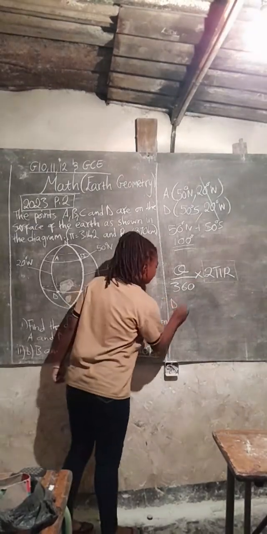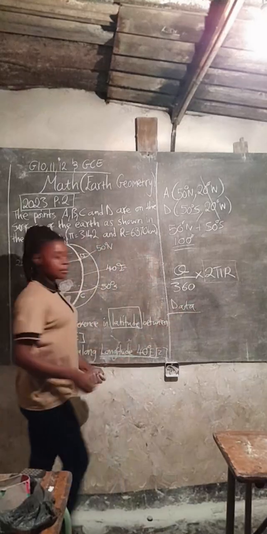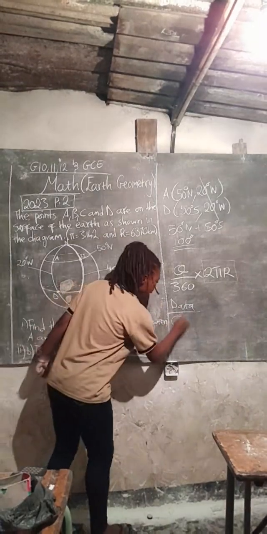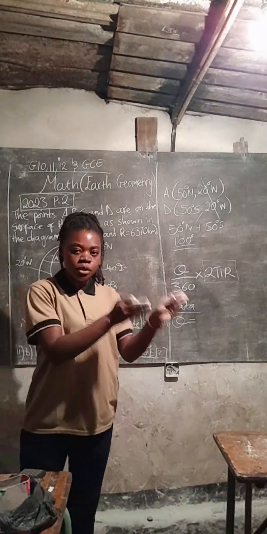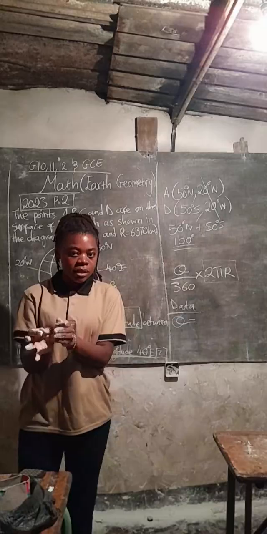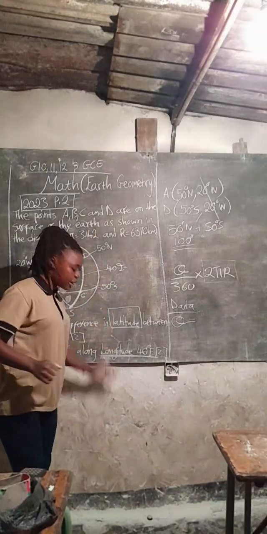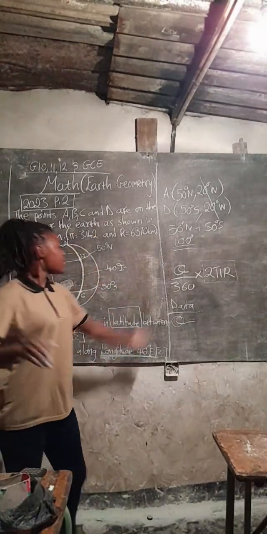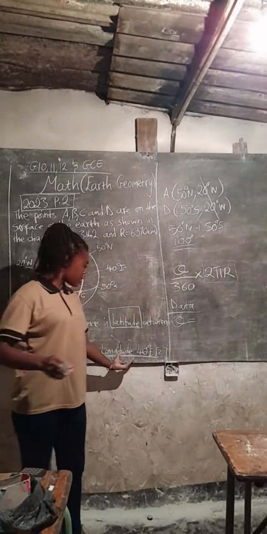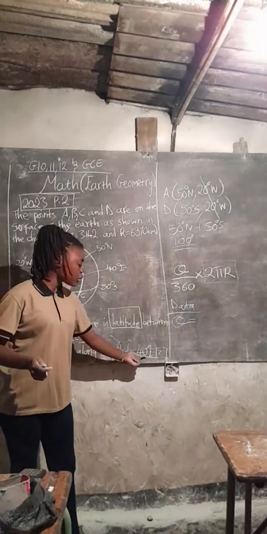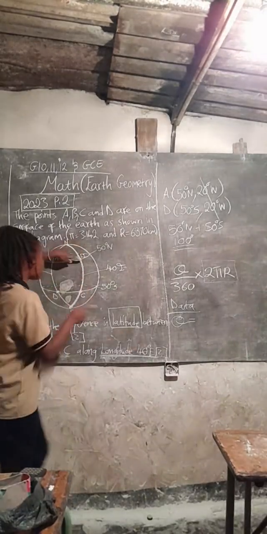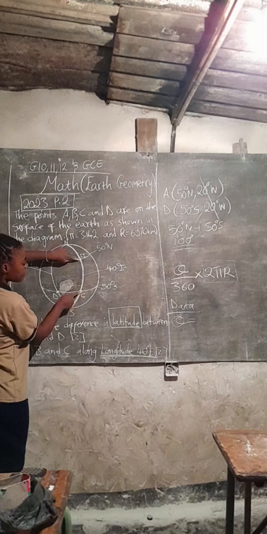When you look at theta, we're saying it is a difference in either longitudes or latitudes. Now, because this is a question on the great circle, the theta is the difference in what? Latitudes. Why? Because they're sitting on the same longitude. So the difference in their latitudes, you have point B and point C.